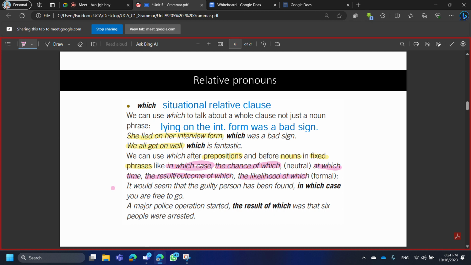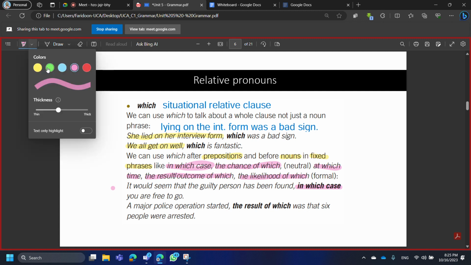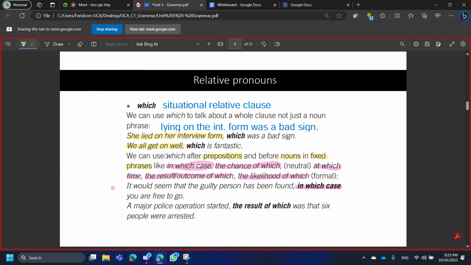Some examples: it would seem that the guilty person has been found, in which case you are free to go. As you can see in all of these fixed phrases, we're also using which. So which has a lot of usages. You just have to memorize these fixed phrases for future use.